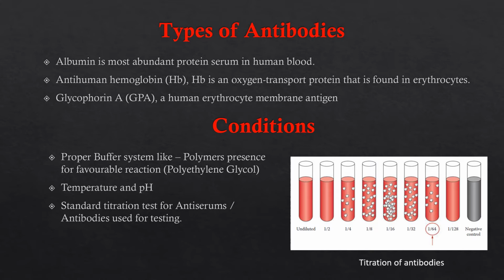So we are adding antibodies undiluted, 1/2, 1/4, 1/8, 1/16, 1/32, 1/64, like that. As we go on adding, at the highest concentration where we are able to see less agglutination reaction, that gives us the particular concentration at which the antibodies are reacting.